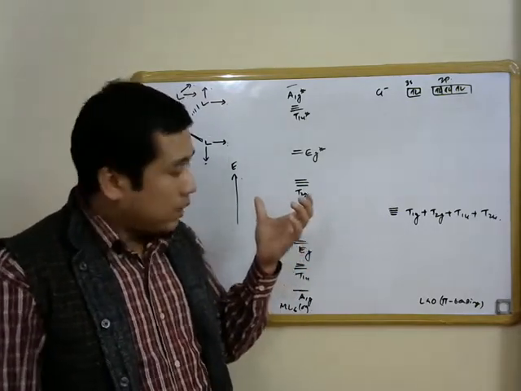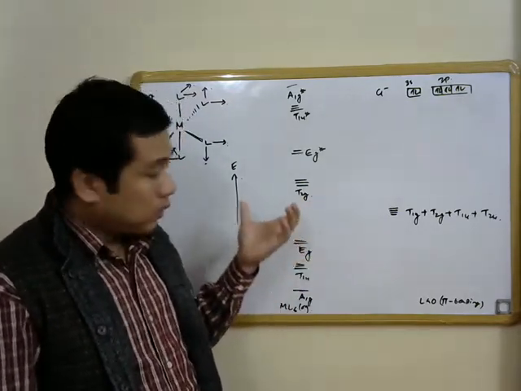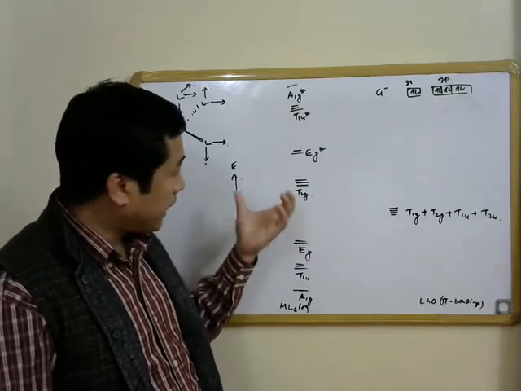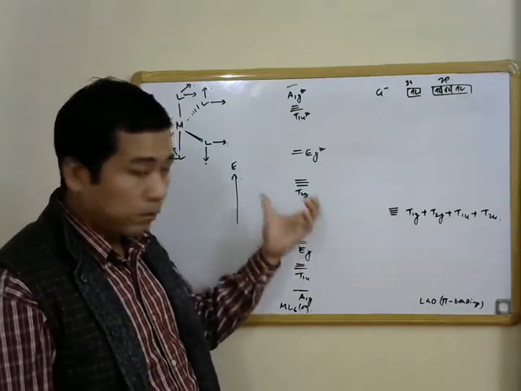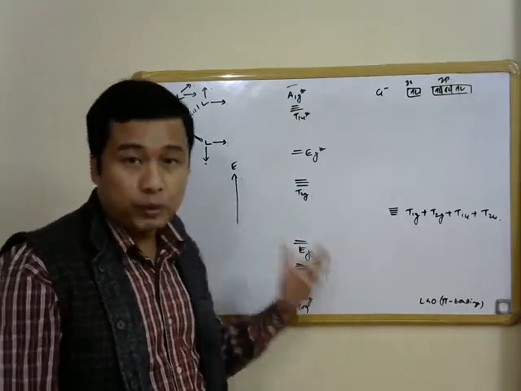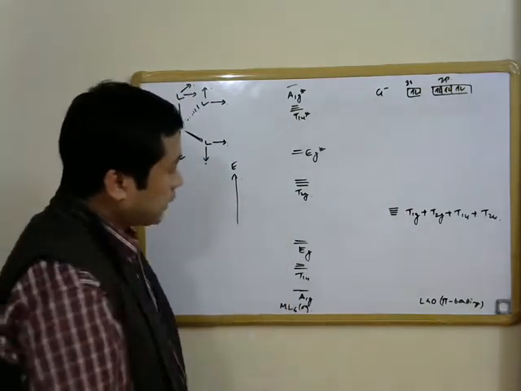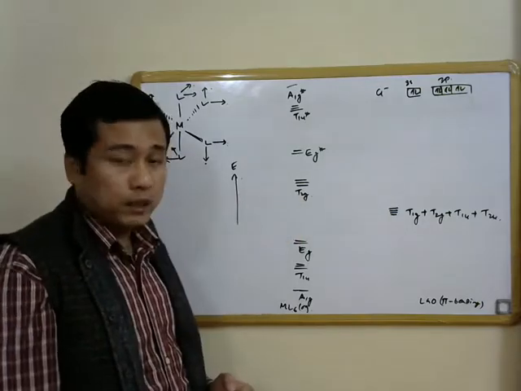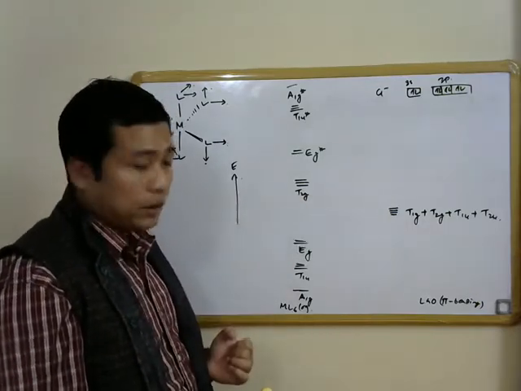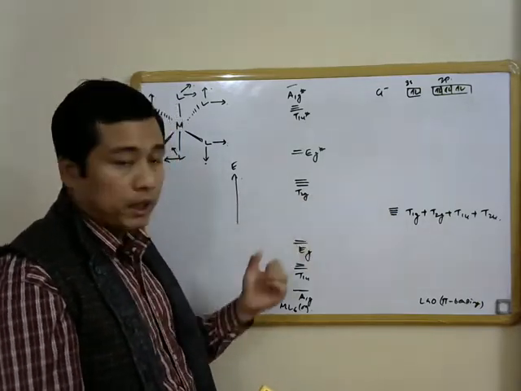These are the symmetries of the ligand group orbitals. Now, orbitals which are available of the right symmetry will combine to form pi molecular orbitals. We see that there are non-bonding orbitals of the metal, that is T2G orbitals of the metal.